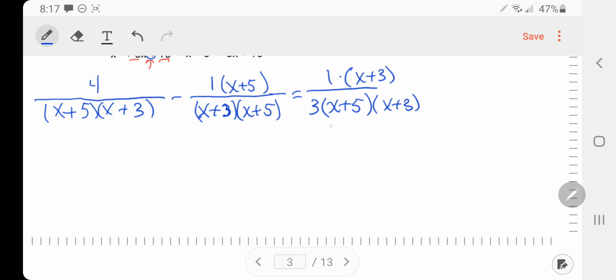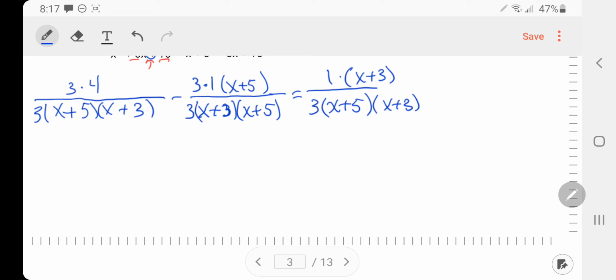Now the denominators are still not identical, because this last denominator has this 3. So this one needs a 3, and the first one needs a 3.